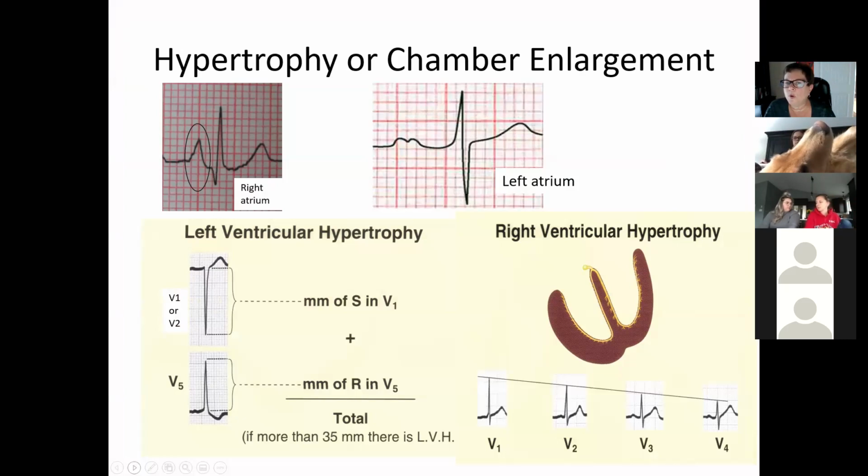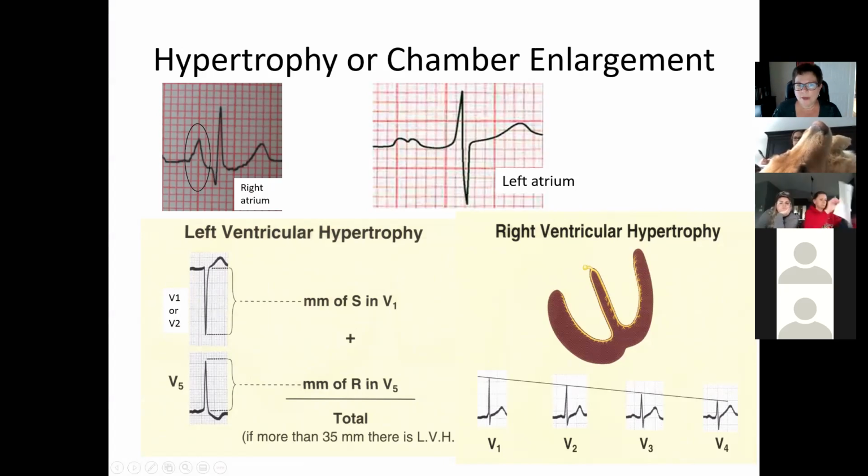There's a whole lot more complexity to hypertrophy and enlargement, but I tried to summarize it in one slide. So we have 4 chambers, and you can have enlargement of each of them.